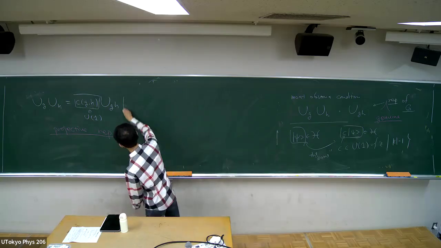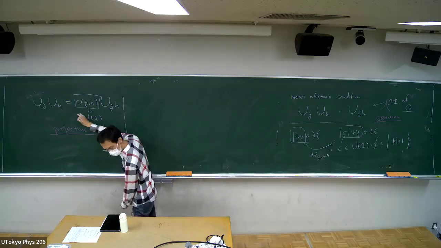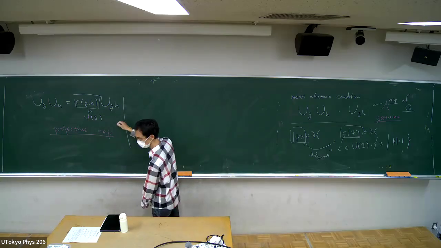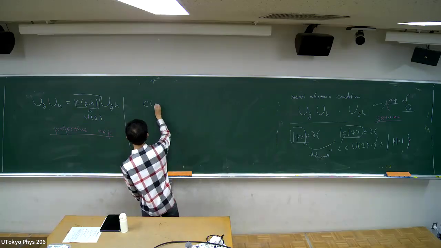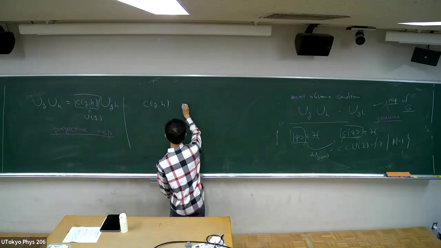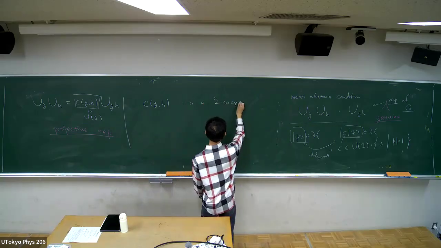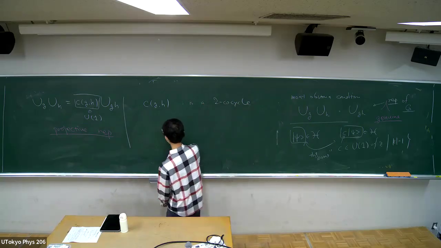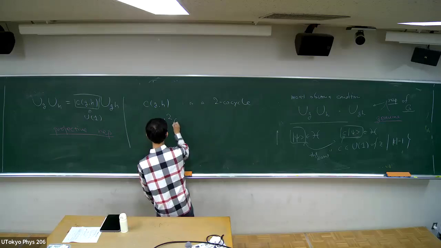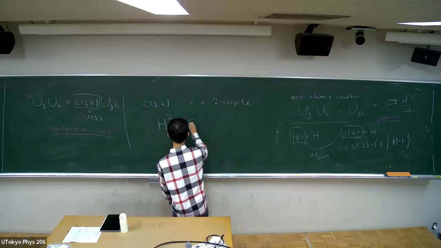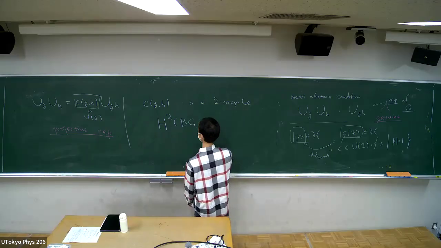And in such a case, this is exactly the same condition we had before, right? So C of G comma H is a 2-cocycle, and determines an element of H2 of BG, U(1).